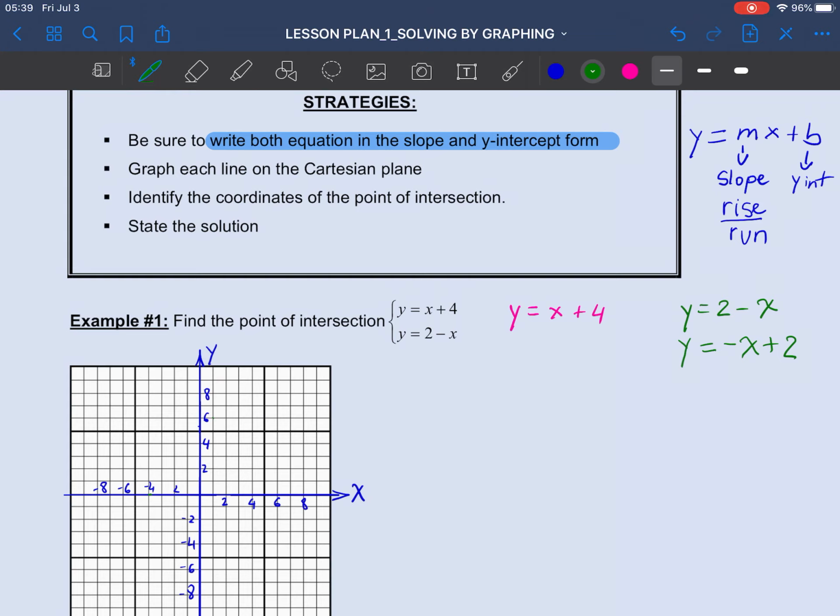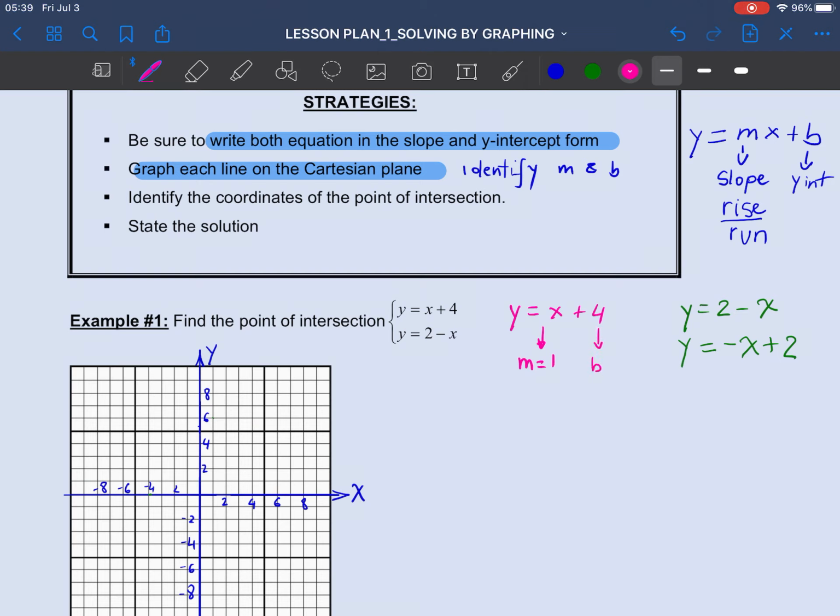Now, once we do this, we need to graph them. So we have to graph each line on the Cartesian plane. In order to graph the line, we need to identify the slope and the y-intercept first. So I'll write this down for us here so we remember. The slope for the first equation, since we don't see anything before x, I'm going to say is 1.